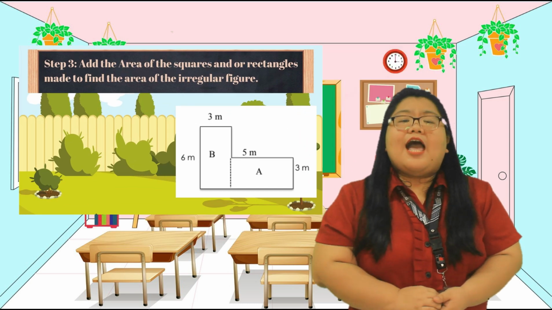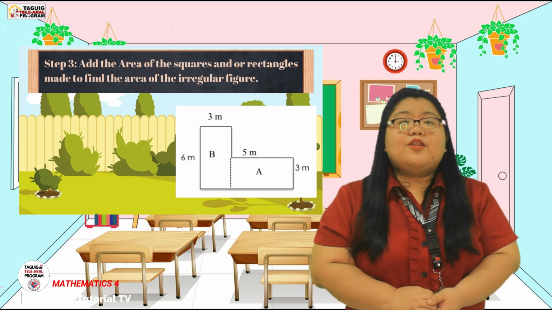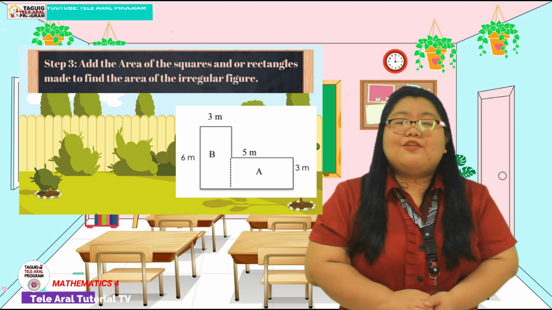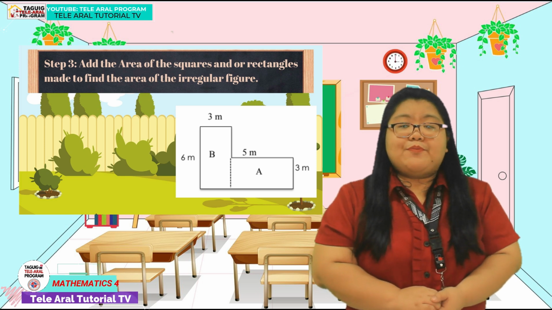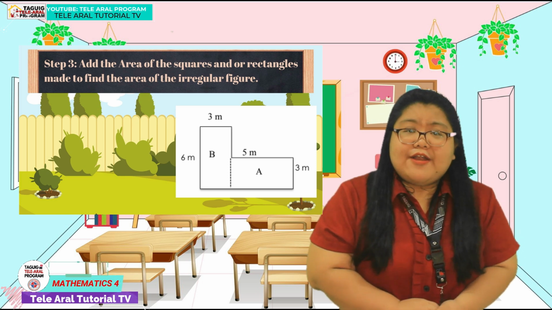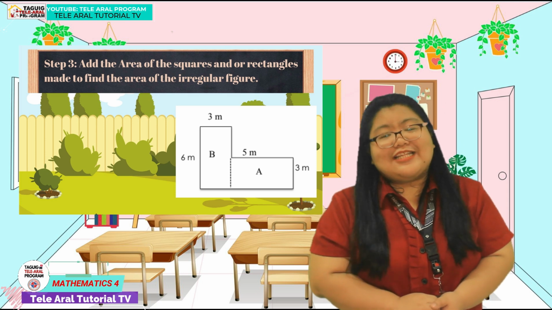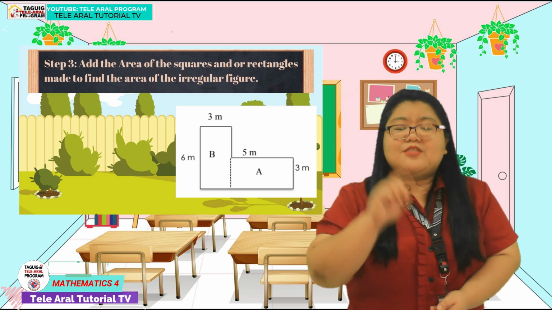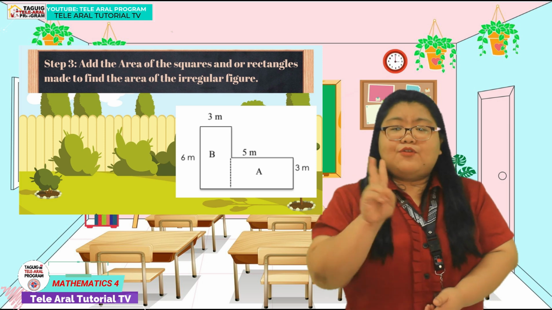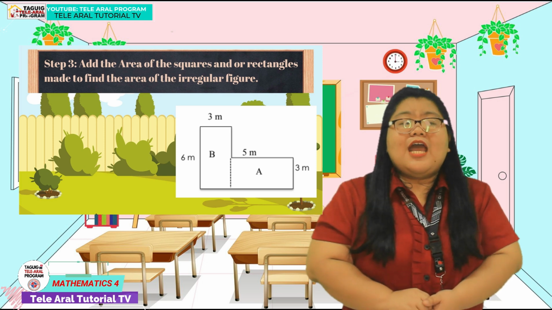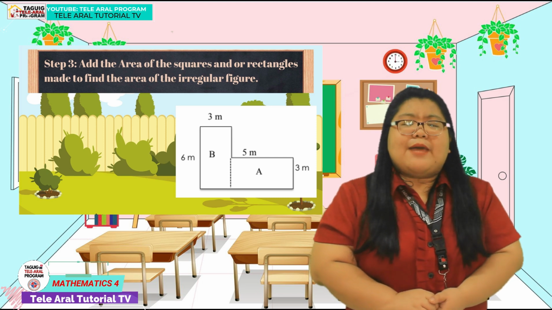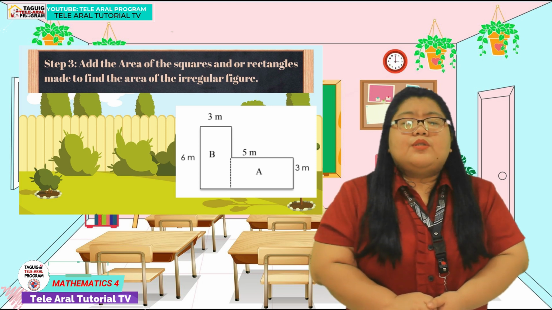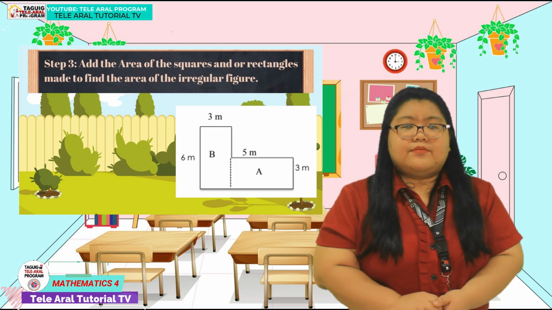Step 3. Add the areas of the squares and or rectangles made to find the area of the irregular figure. Based on our computation, kids, what is the area of rectangle A and rectangle B? That's right! The areas of the two rectangles are 15 and 18 square meters. Based on step 3, what will we do to those areas?